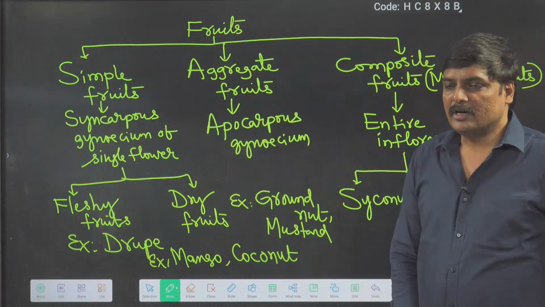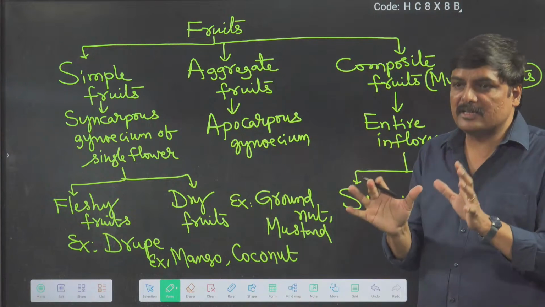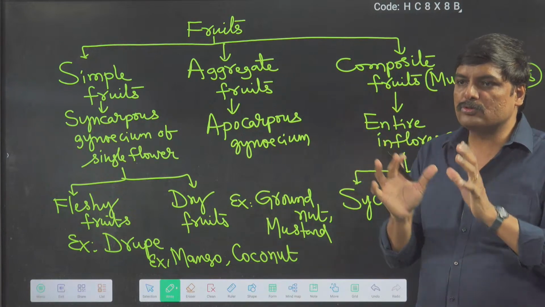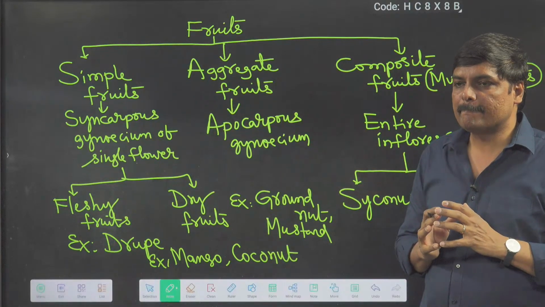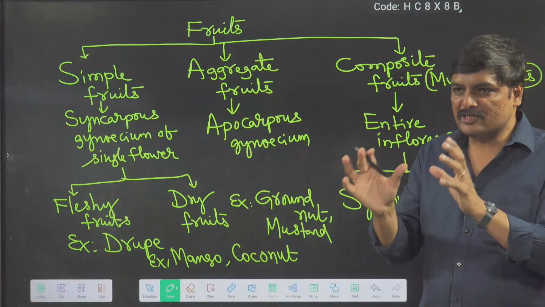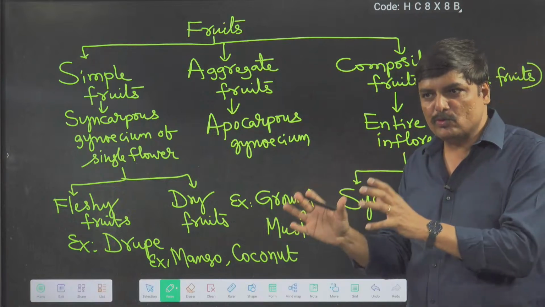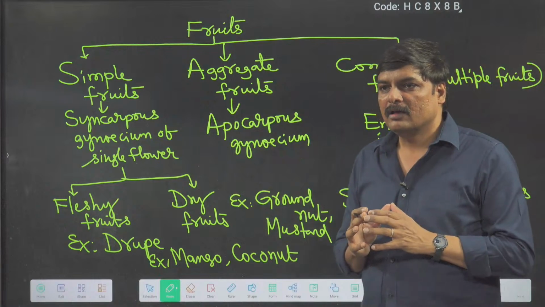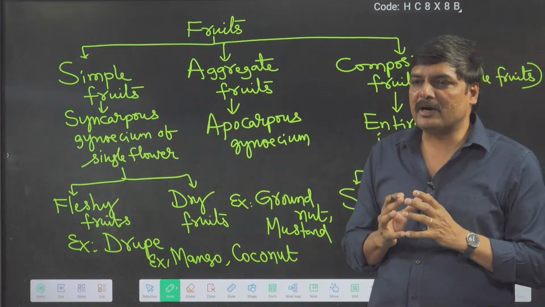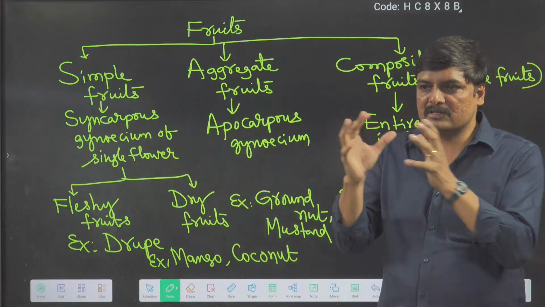fruits. But you stick to the basics of fruit. What is a fruit? From where does it develop? What is the difference between a true fruit and a false fruit? A true fruit contains how many parts? Pericarp plus seed.